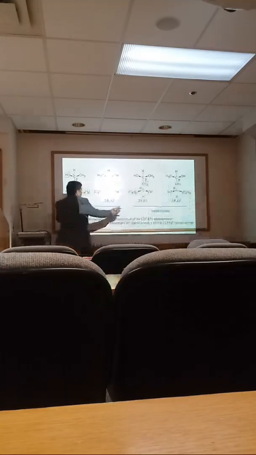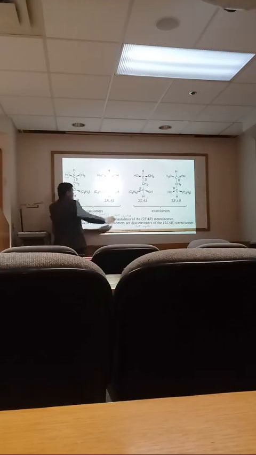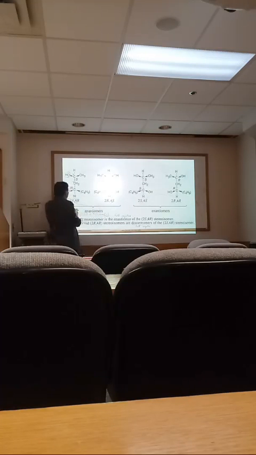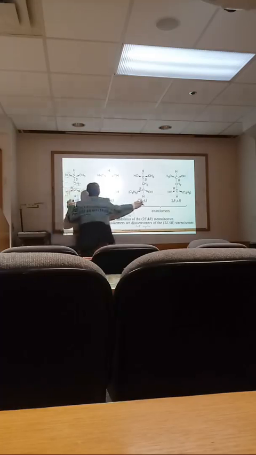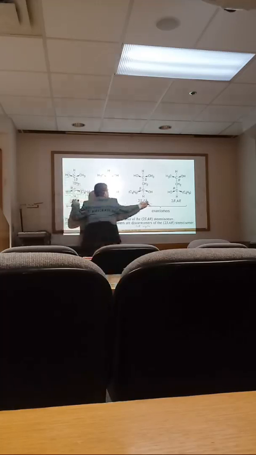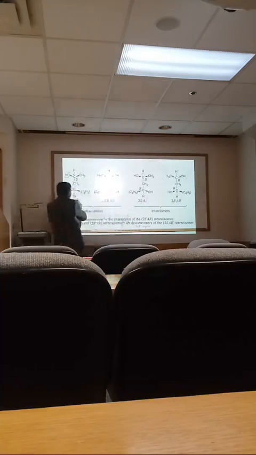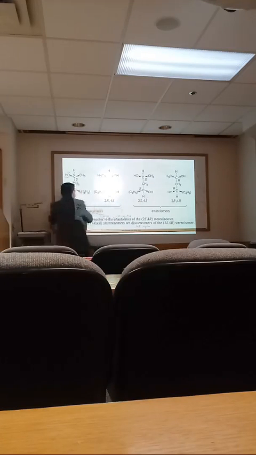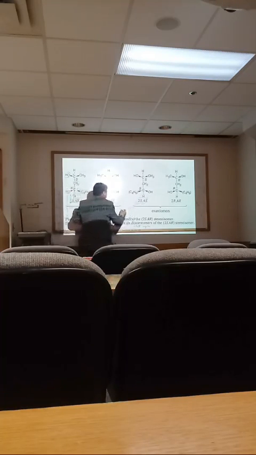So as we compare these two, this is 2S, 4R, 2S, 4S. So first part, 2S stays the same, but 4R gets that image on the mirror, because from the right side it is flipped, the molecule is transformed to the left side. So if you compare this to this, we have diastereomer.